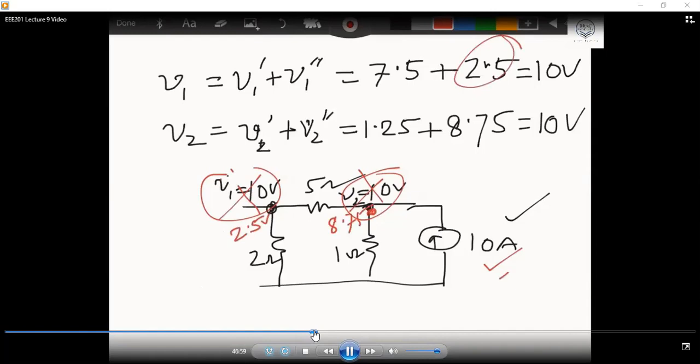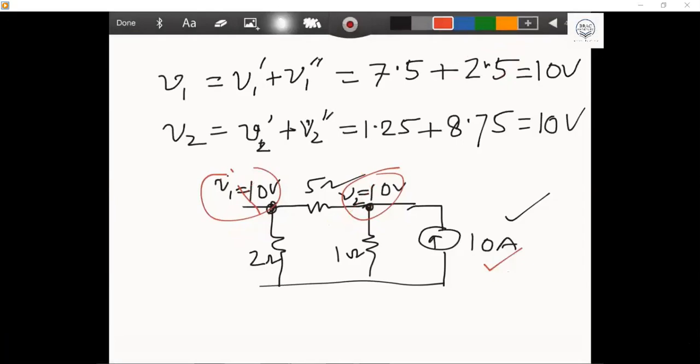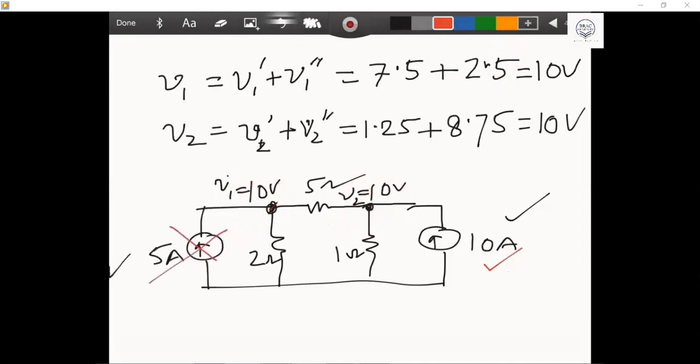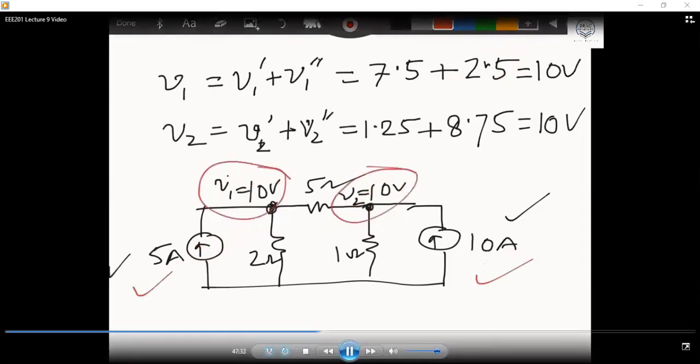But in the lab, or in PSpice simulation, if you connect both current sources, 5 ampere as well as 10 ampere, then both are active. What voltage do you get? You will get 10 volt and 10 volt here, right?